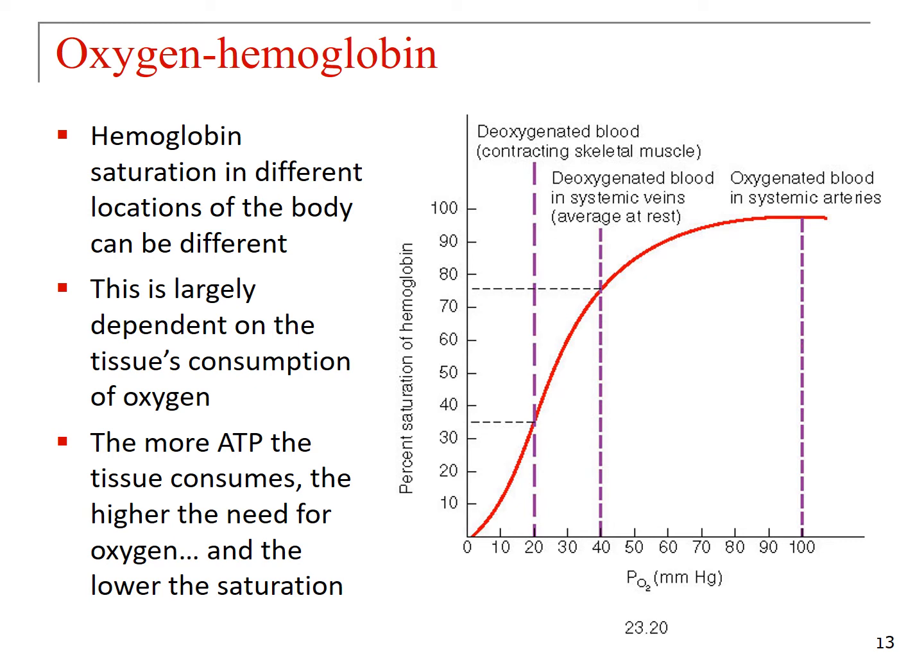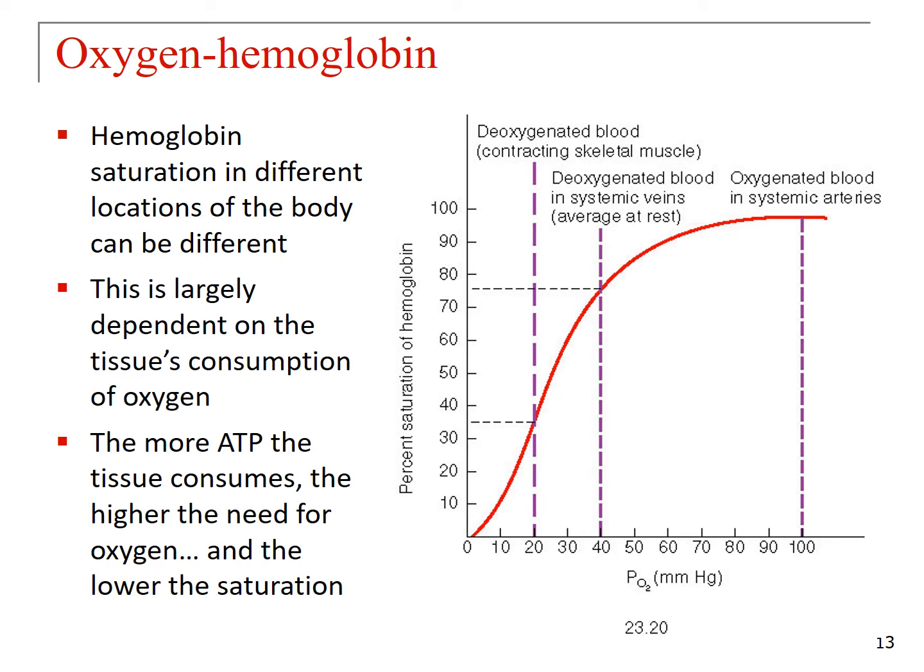So the more ATP, again, that's used in a tissue, the more it soaks up oxygen, and the more oxygen it pulls out of the blood that's around it, which means that blood has a lower partial pressure of oxygen. So high demand tissues have low PO2s in the blood around them.